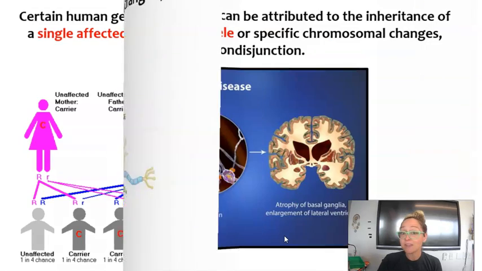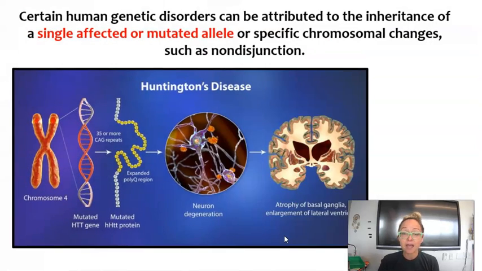And then we have another inherited disorder, Huntington's disease. Huntington's disease is inherited as an autosomal dominant trait. With this, it isn't due to a single point mutation, but rather a duplication. There's a certain sequence in the DNA that is replicated over and over and over.